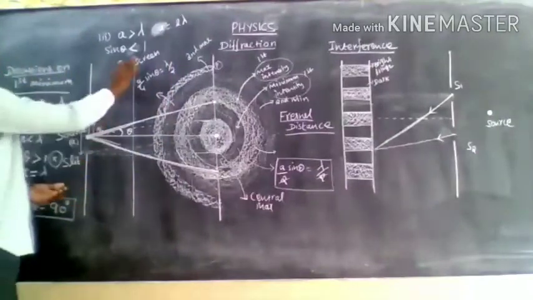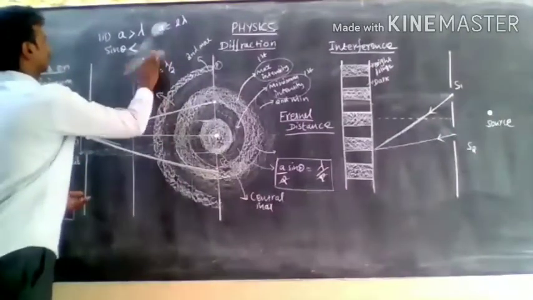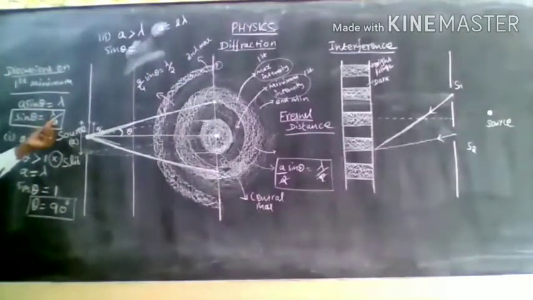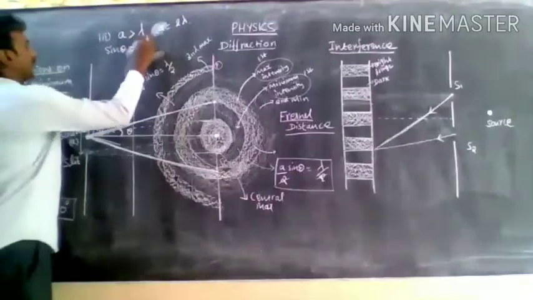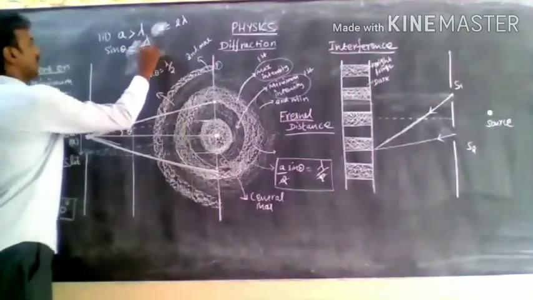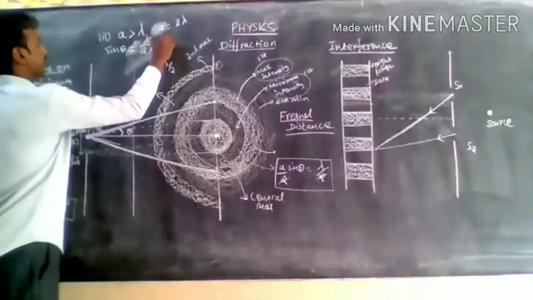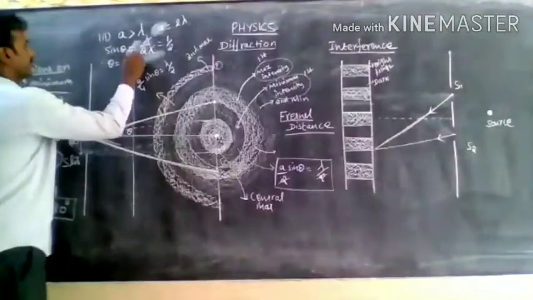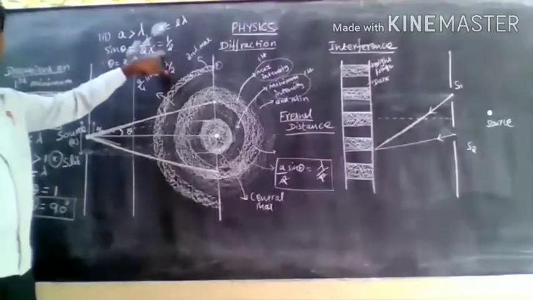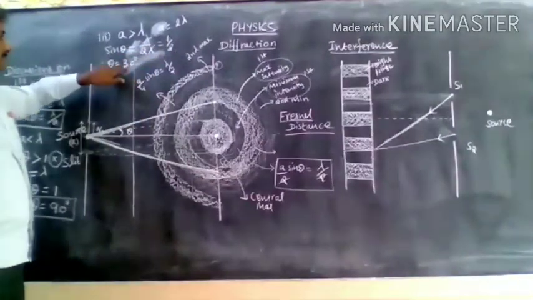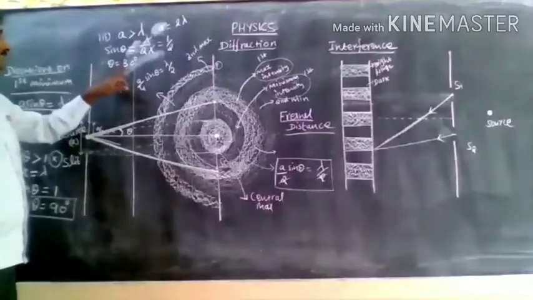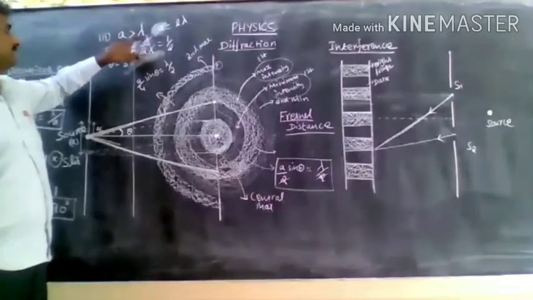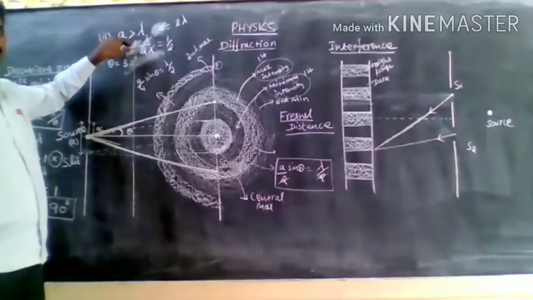We get sin theta equals lambda by a. So lambda divided by 2 lambda gives 1 by 2. Therefore theta equals 30 degrees, because sin 30 equals 1 by 2. So the angular spread of the first minimum is at 30 degrees. It indicates the wavelength is lesser than the size of the slit.